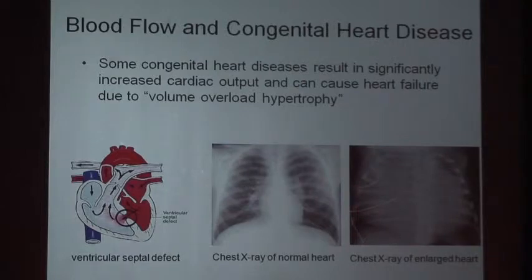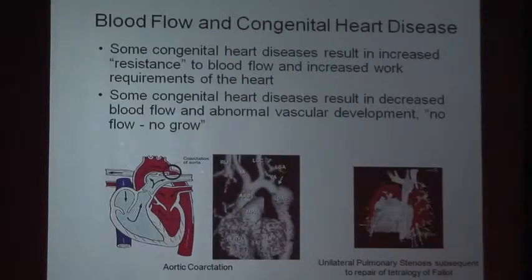It has basically taken up the entire chest cavity. And the heart has adapted and changed due to the higher demands of flow. It's an inefficient pumping system. It has to try to pump out an extraordinary level of flow because some of it is basically lost through this pathway. So this is called volume overload hypertrophy.